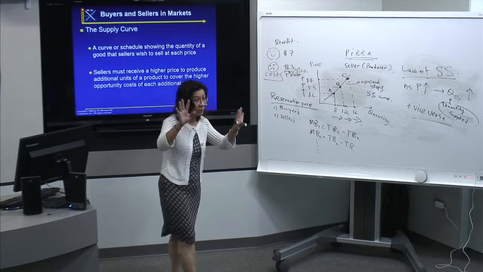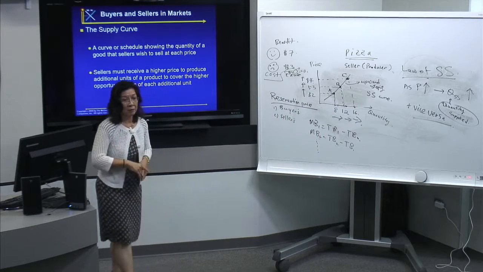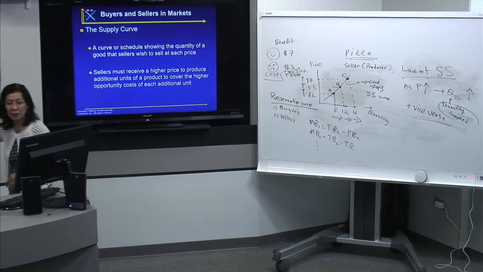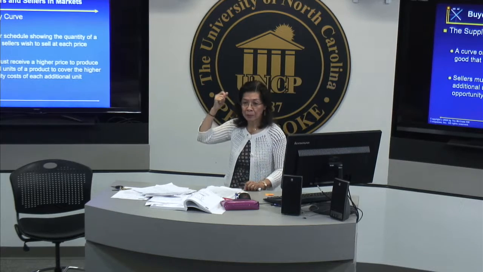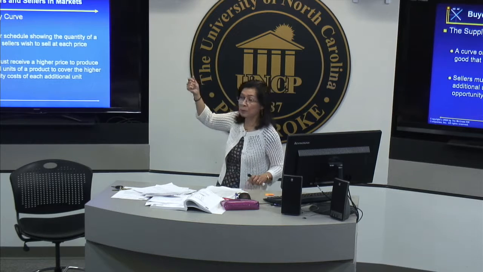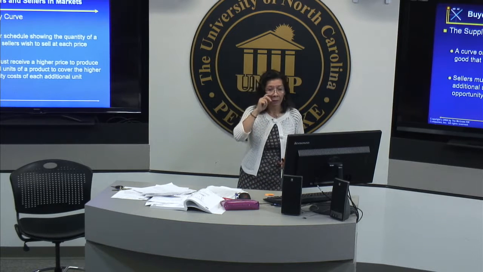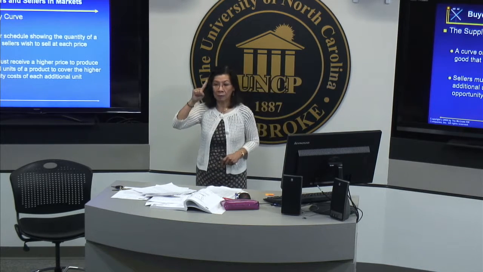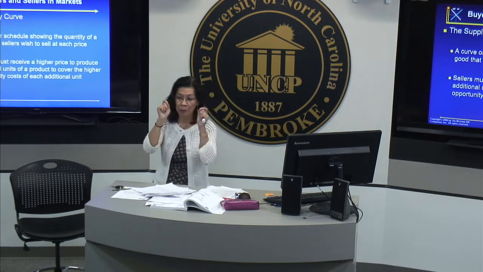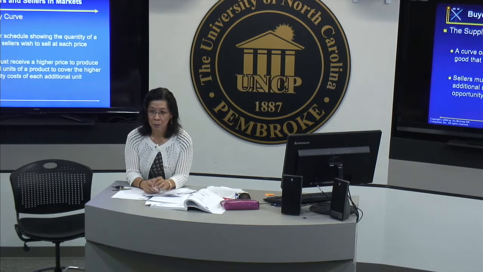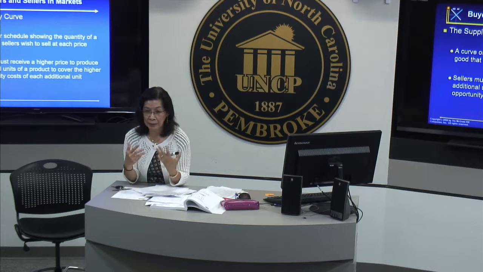A graph is important, it's necessary, it's mandatory. And then just one line of explanation of what happened: you have to say price goes up, quantity supplied or quantity demanded comes down. So price is the cause, the beginning point of the analysis, and the quantity supplied and quantity demanded is the effect.